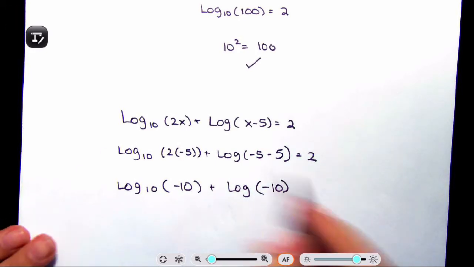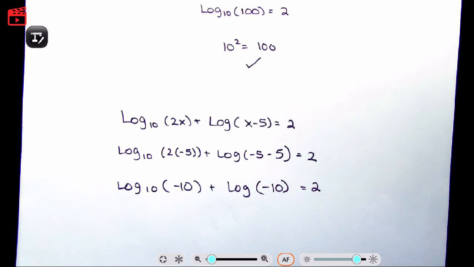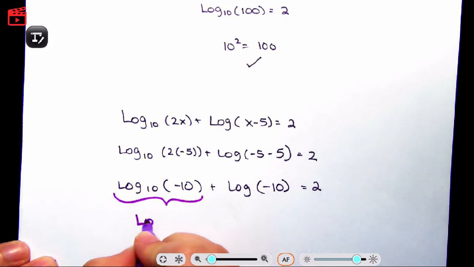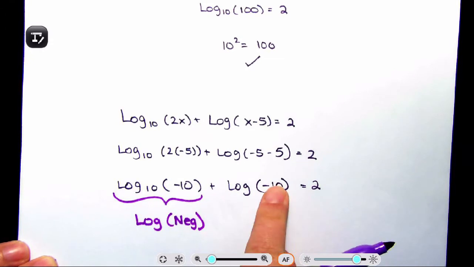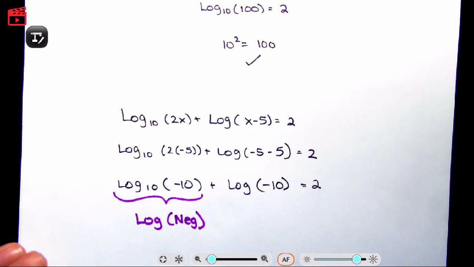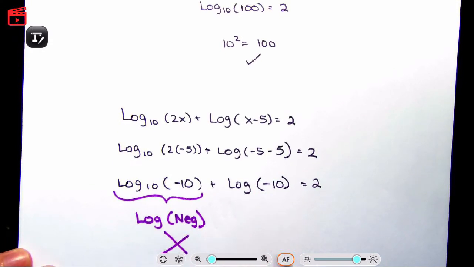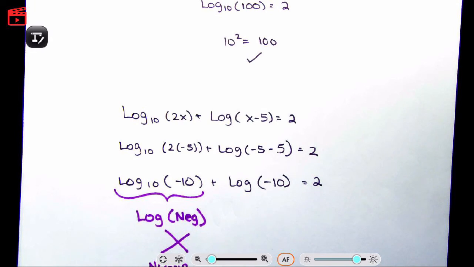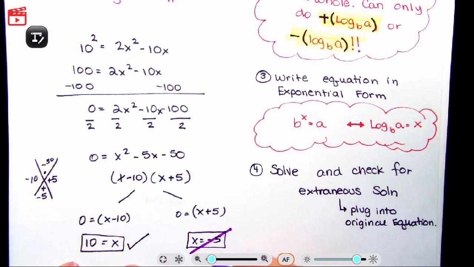So here is where you get the red flag. This is going to be extraneous, because if you were even trying to do this on a calculator, you have a log of a negative number. You only need one. Yes, this one is also log of a negative number, but you only need one. So big no-no. Therefore, going back to our original, negative 5 is extraneous.